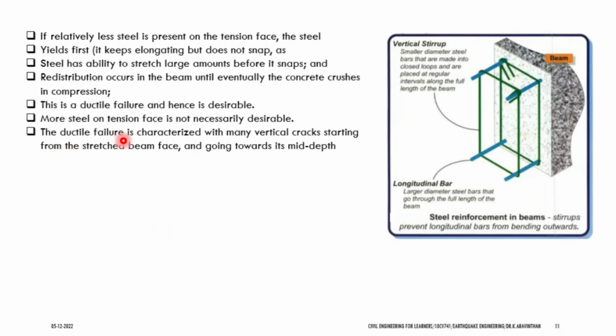Now how the ductile failure will be, I will show you in the next slide. The ductile failure is characterized by vertical cracks starting from the stretch of the beam face. This is the bottom face. Whether a beam has failed by ductile mode or brittle mode can be found in the post-damage survey of an earthquake.